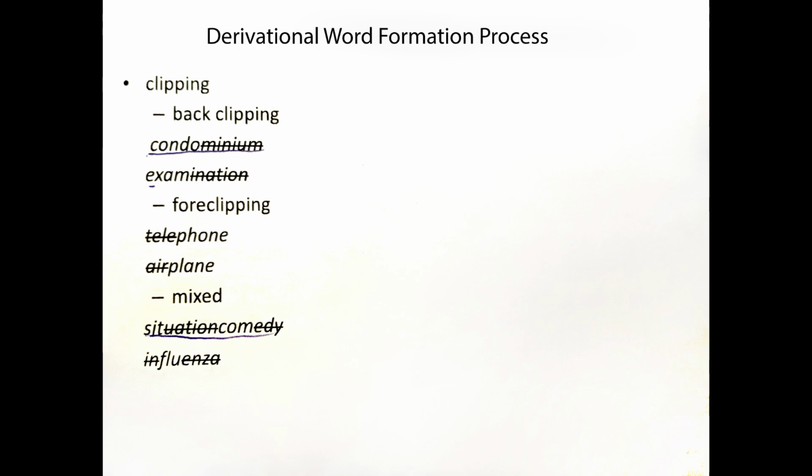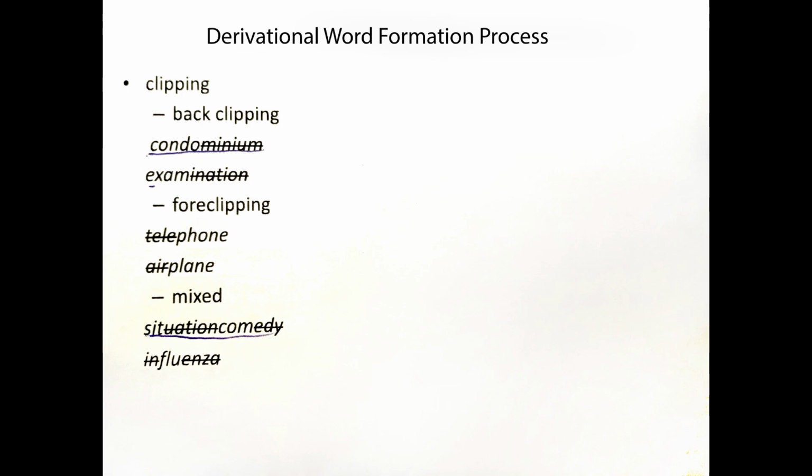The word formed by the clipping way of word formation process is basically made by cutting part of a word to form a new word, right? Let's look at some examples. There are 3 ways of clipping.